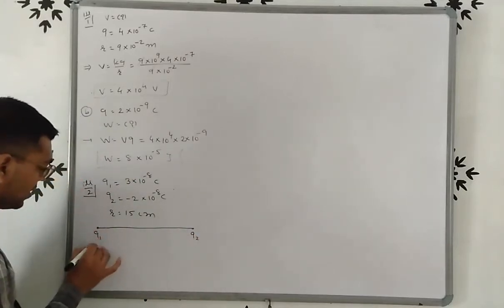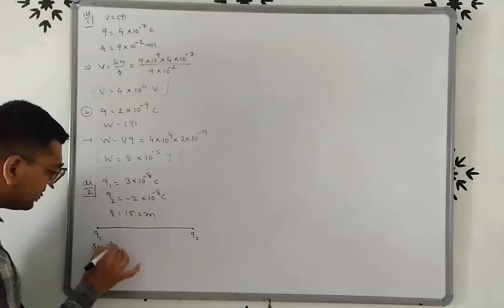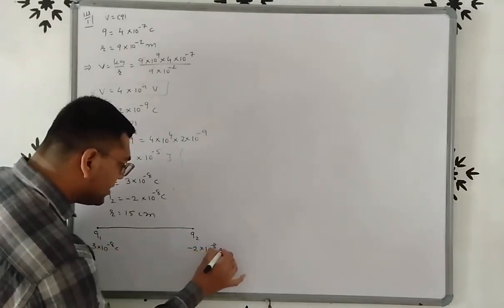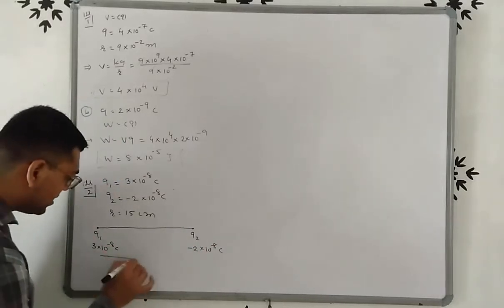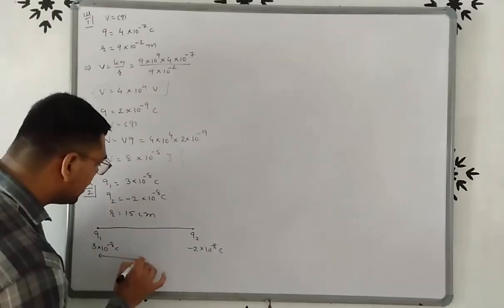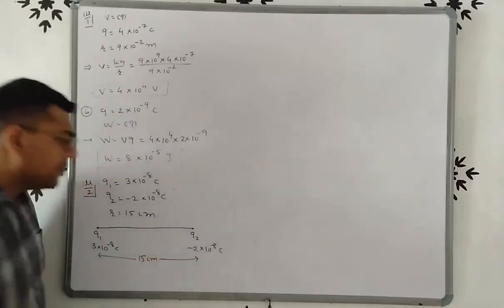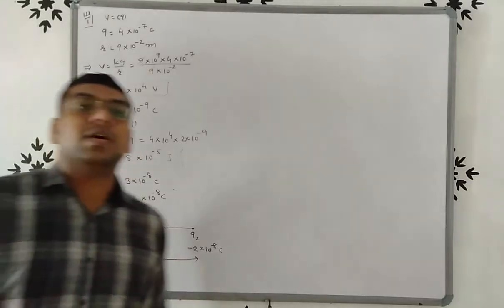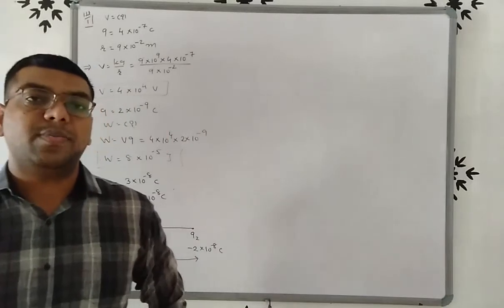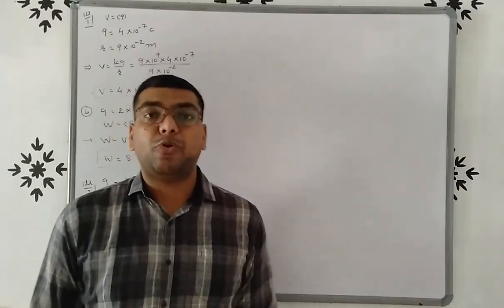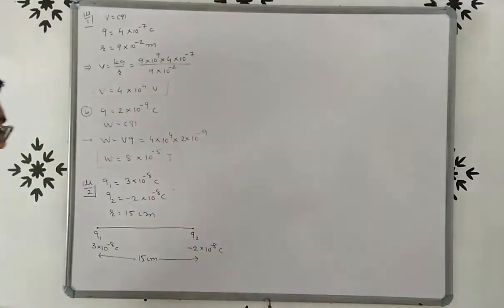So here this Q1 3 into 10 raised to minus 8 coulomb, Q2 minus 2 into 10 raised to minus 8 coulomb. Here the distance between these two charges is 15 centimeter, right? So here we have to find out a point, or we can say distance, where potential should be 0, right?